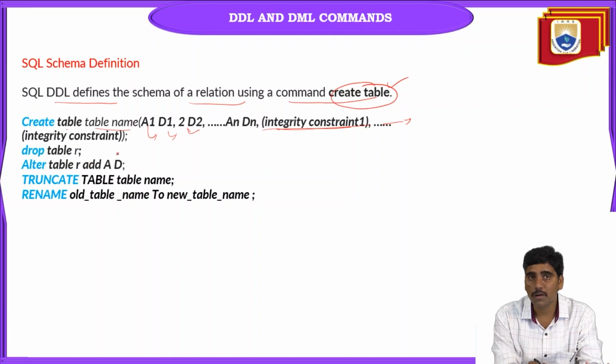And to drop the table, drop table R, where R is the relation name. You can mention a relation or a table. And alter table name, add, to add additional columns. Add the column name which you want to add. If you want to add one more column, like contact, give the column name and a number.